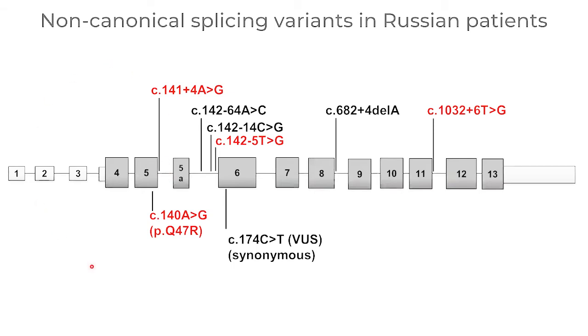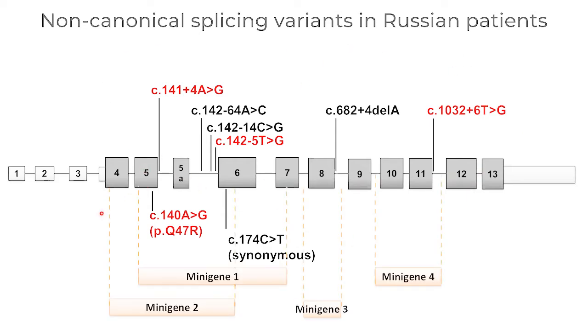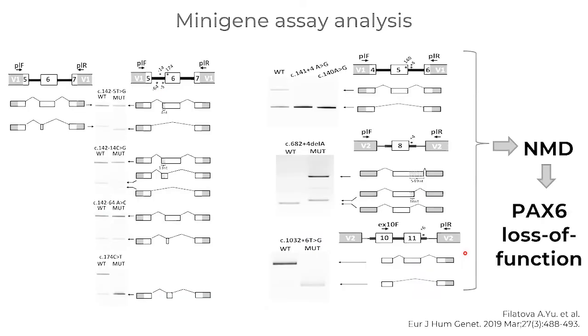Using this system, we at first analyzed 8 non-canonical splice variants found in Russian patients, 6 intronic and 2 exonic variants. To analyze these variants, we created 4 Minigene constructions and performed a Minigene assay.